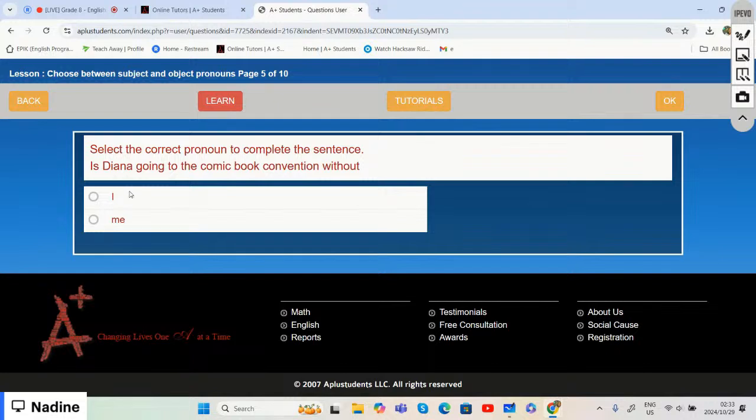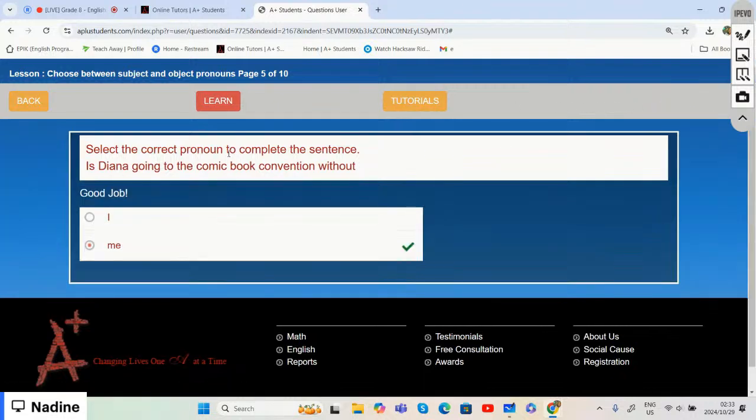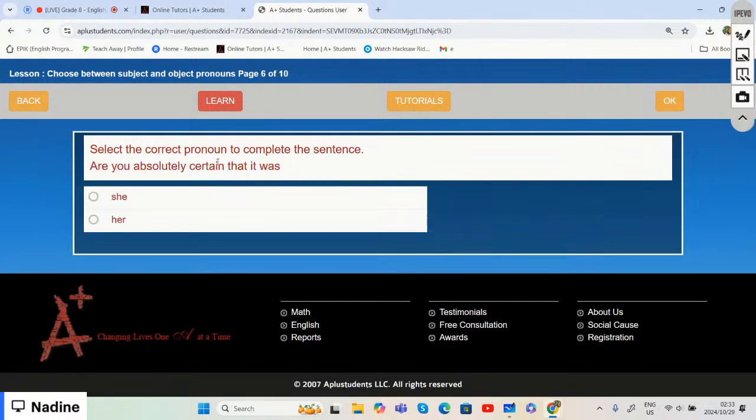Oh, we said already without me. All right. Are you absolutely certain that it was she, option one, or it was her, option two? Which one is correct? Are you absolutely certain that it was she or that it was her?